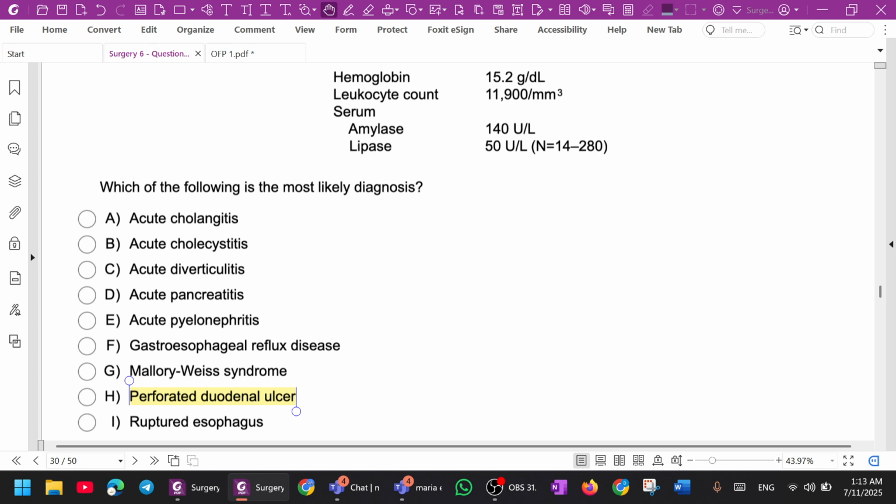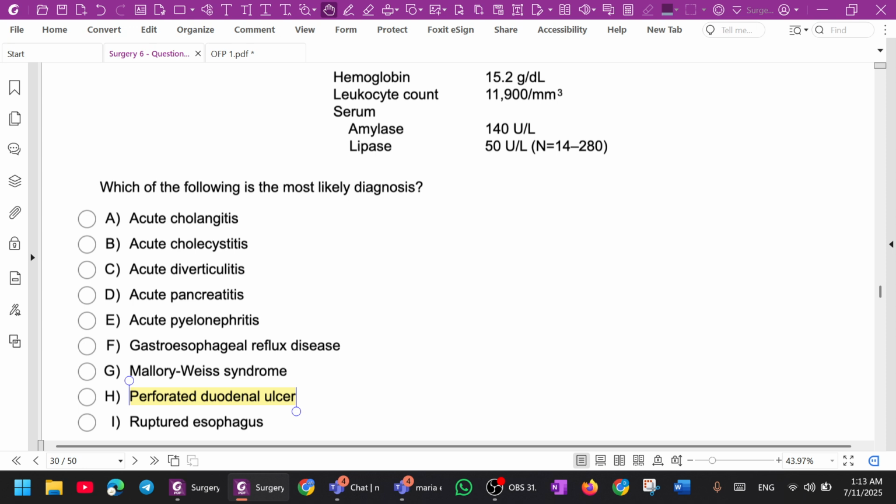X-ray, preferably obtained erect or in left lateral decubitus, may demonstrate evidence of pneumoperitoneum. Emergent surgery is required for repair of the underlying perforated duodenal ulcer and to lavage the peritoneum to reduce the risk of sepsis.